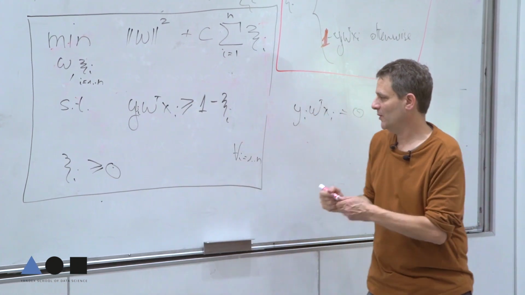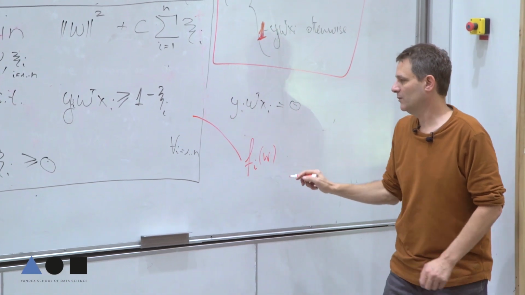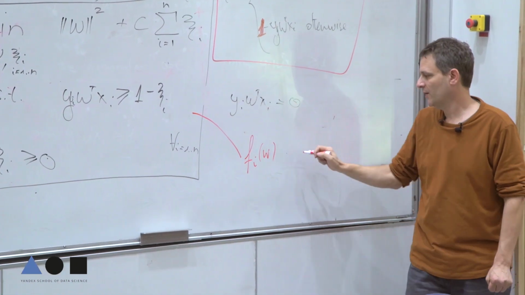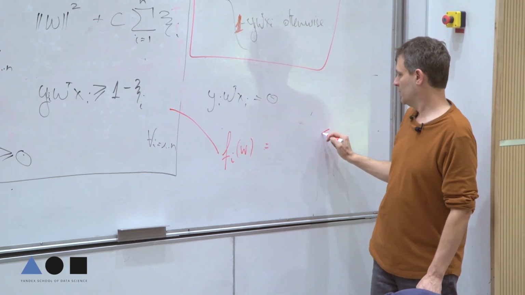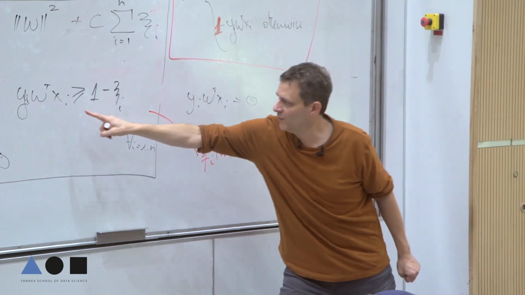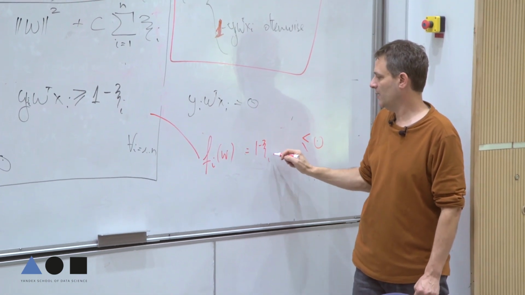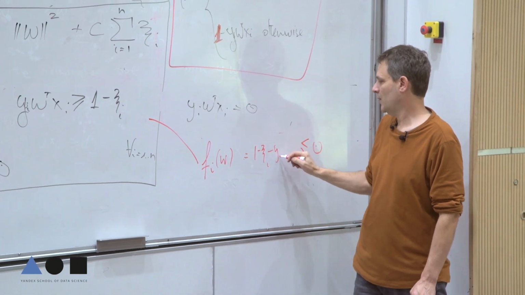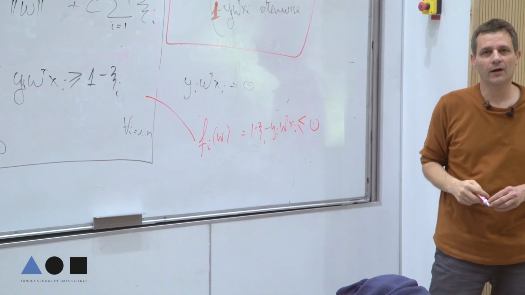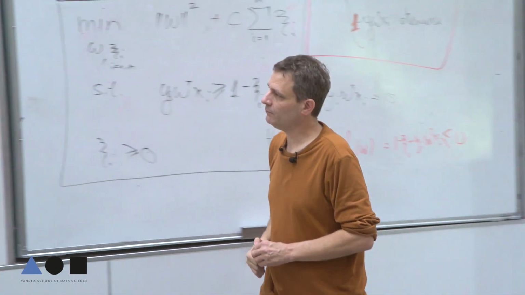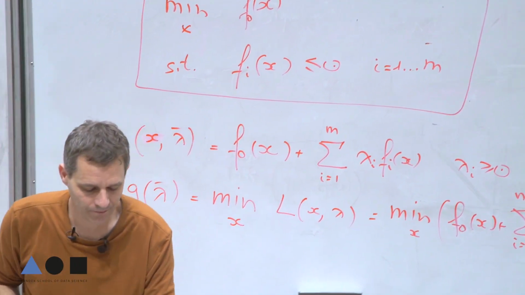Each one of them, fi of w, should be smaller than 0, so we need to move this to this side. So it's like 1 minus psi i minus yi w transpose xi. That will be fi. So these are the constraints, and in the general case, you can have any form.